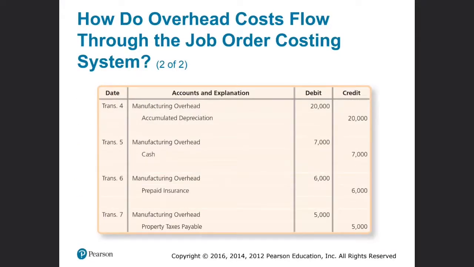How do overhead costs flow through the job order costing system? We're going to see how we would record these costs in our journal entries. We're going to debit manufacturing overhead for $20,000, and we would credit accumulated depreciation for the same amount.